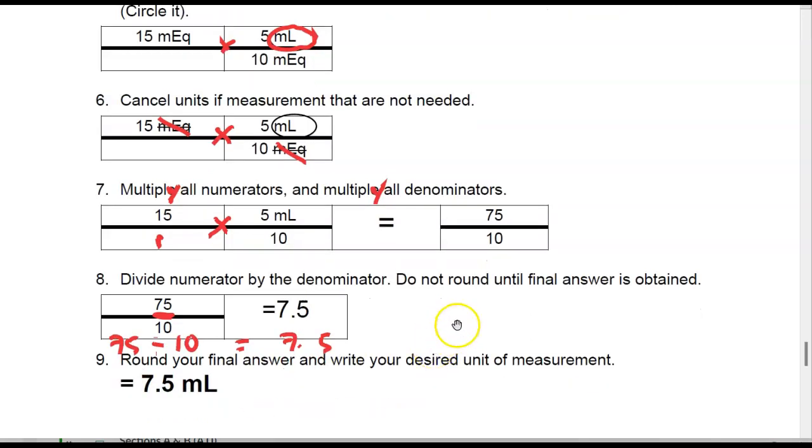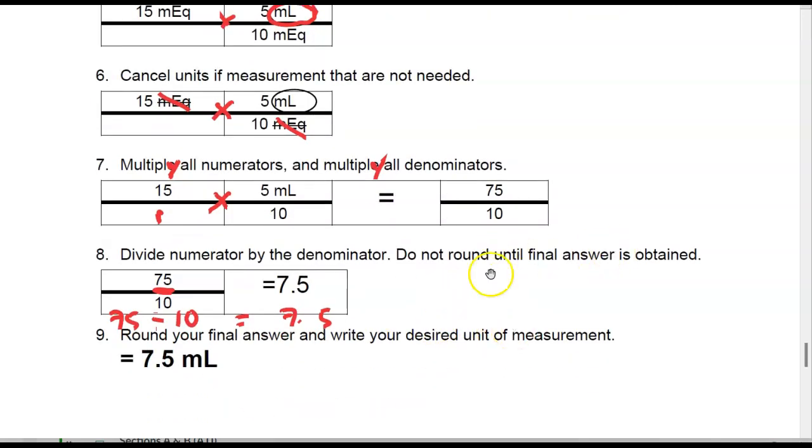No, it's not, right? Remember, do not round until your final answer is obtained. So as we mentioned earlier, if it's greater than 1 ml, we want the decimal points up to the tenths. And your last step, make sure you write your desired unit of measurement.